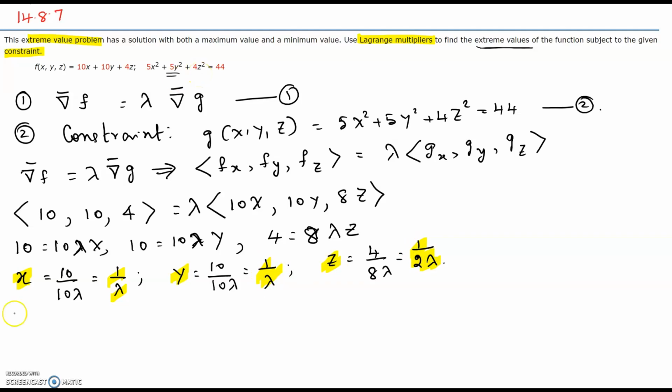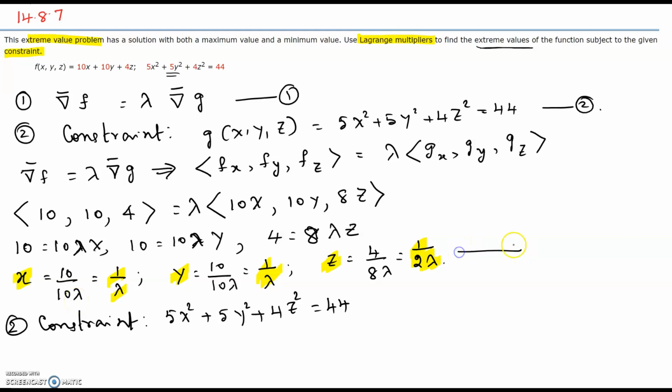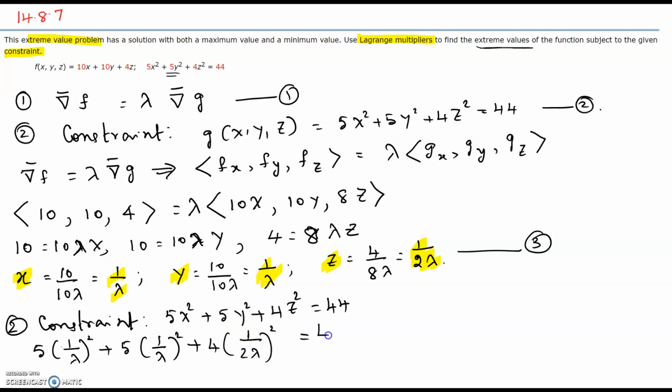Now we are going to use the constraint, which will be 5x square plus 5y square plus 4z square equal to 44. So if we substitute the values that we got in this step for x, y, z, we are going to have 5 times x square, that is 1 over lambda the whole square, plus 5y square, which is 1 over lambda the whole square again, 4z square, which is 1 over 2 lambda the whole square equal to 44.